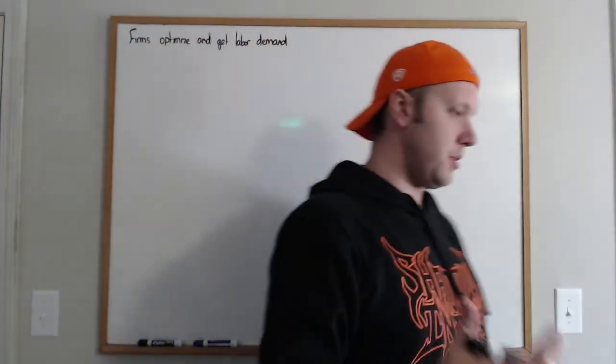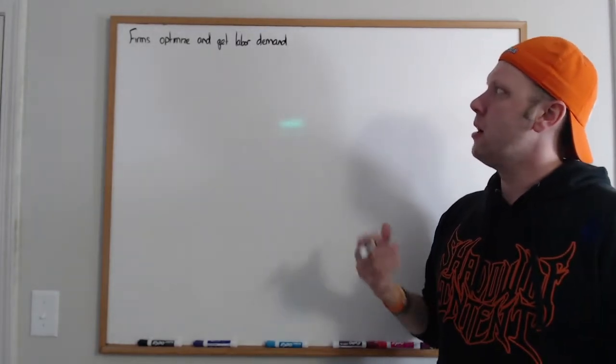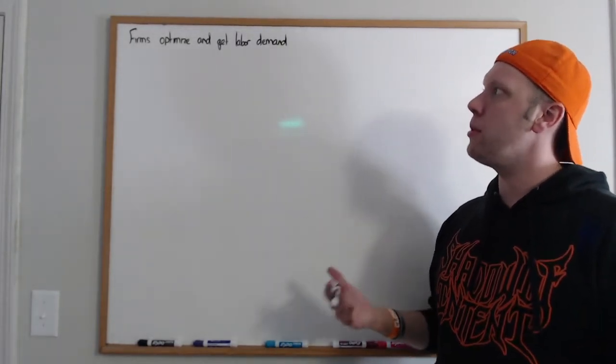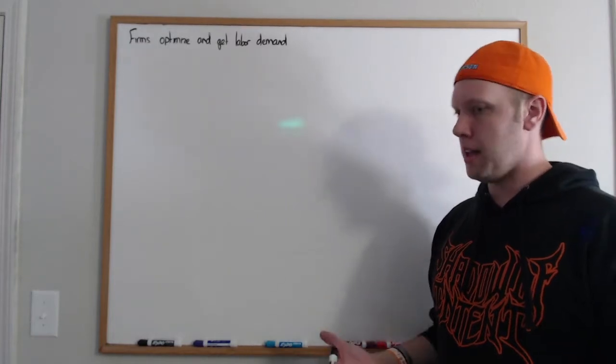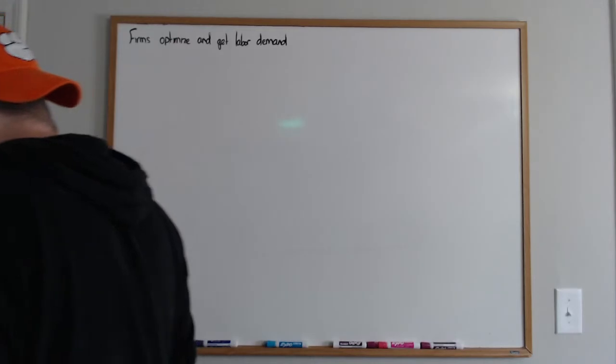That demand for labor is dependent on, well, a couple of things. And if we were to solve out the optimization problem and get the general equilibrium and all that, we would see what it's all a function of.